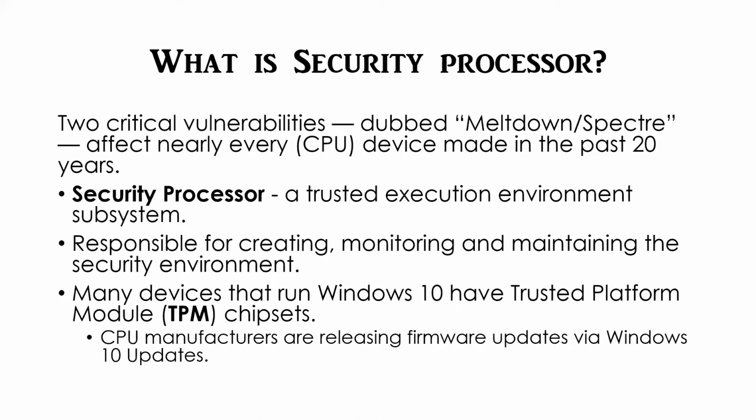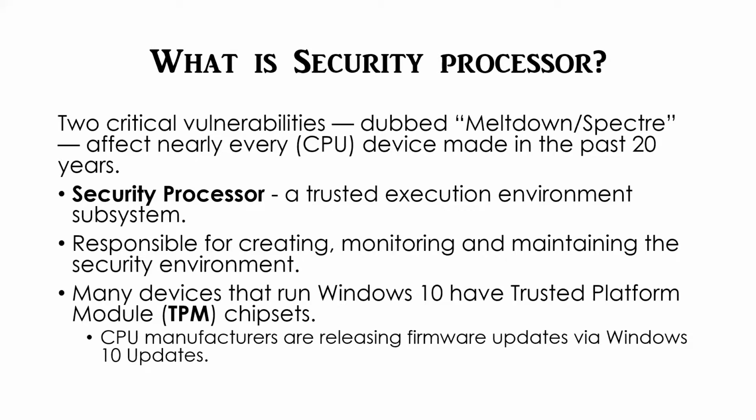Security processor. A couple of years ago, they discovered that all CPUs made in the last 20 years were susceptible to a backdoor type of malware, and they dubbed those Meltdown and Spectre.